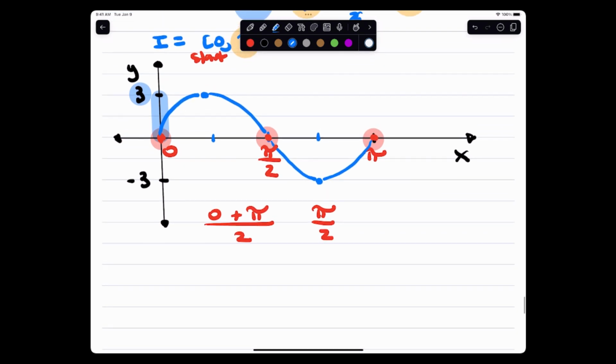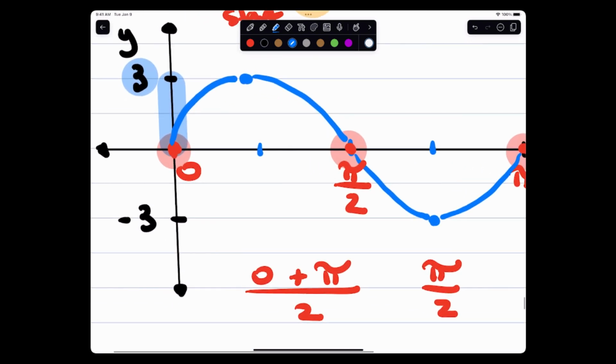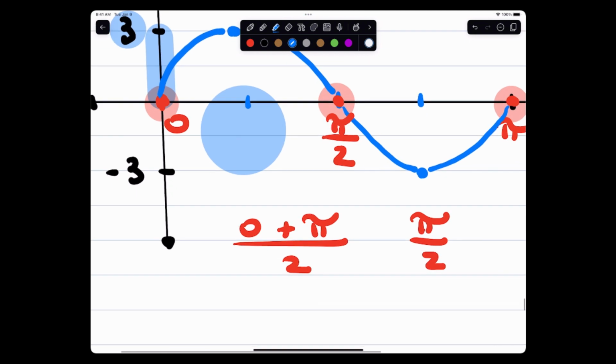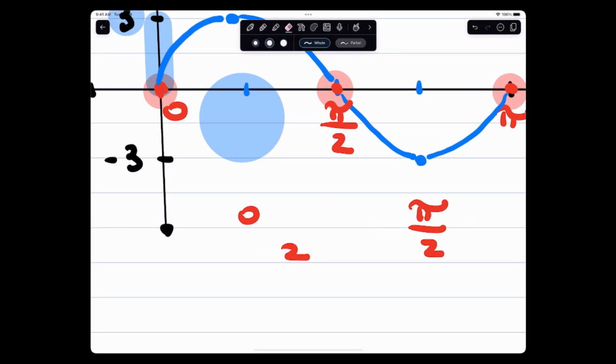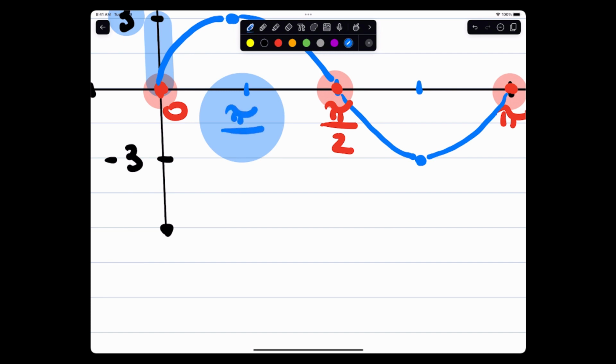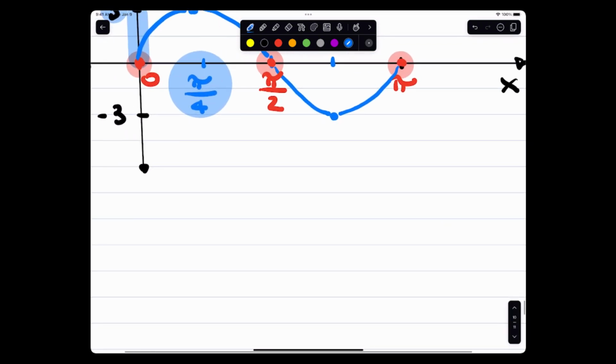And what's the maximum value? It's going to be 3, but you're going to have to now also give me what's midway between 0 and pi over 2. So what do you think that's going to be? Is it pi over 4? How do you guys know that's pi over 4? Because you do this: 0 plus what? Pi over 2 divided by what? 2.